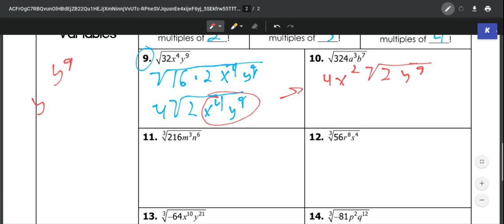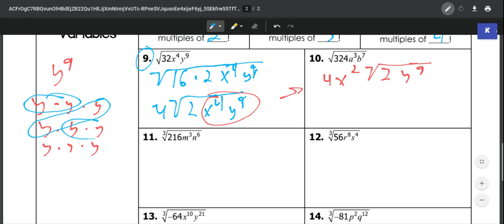So another way to look at y to the ninth is y times y times y, y times y times y, y times y times y. We can take these out in groups of 2. So that's one group of 2, 2 groups of 2, 3 groups of 2, 4 groups of 2. So that's going to be y to the 4th that's taken out. All that's gone, but this y remains.